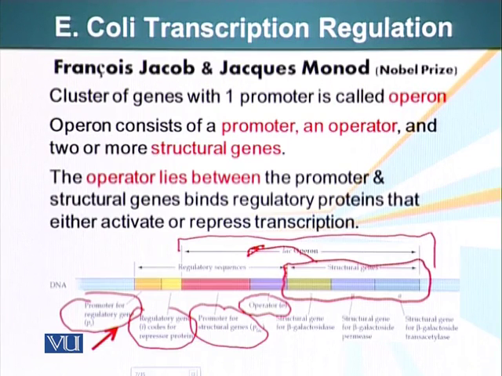Lactose is a disaccharide made up of two monosaccharide units, galactose beta linked with glucose. If lactose is present, bacteria would need to make enzymes that can process the lactose sugar. If lactose is not there, it will be very wasteful for bacteria to keep on making enzymes for a substrate which is not available to this organism.